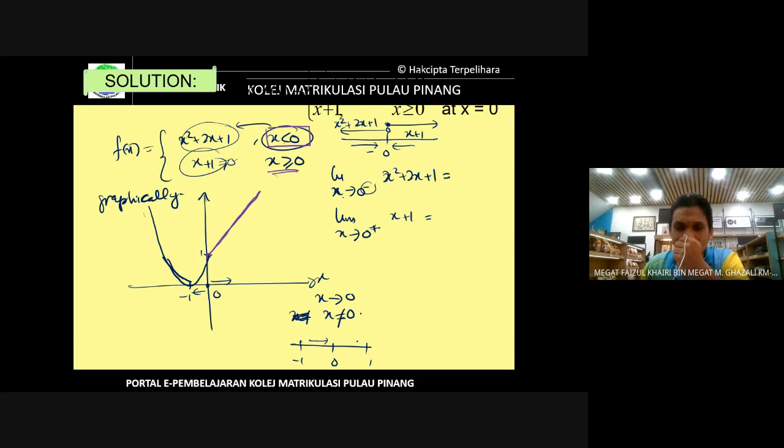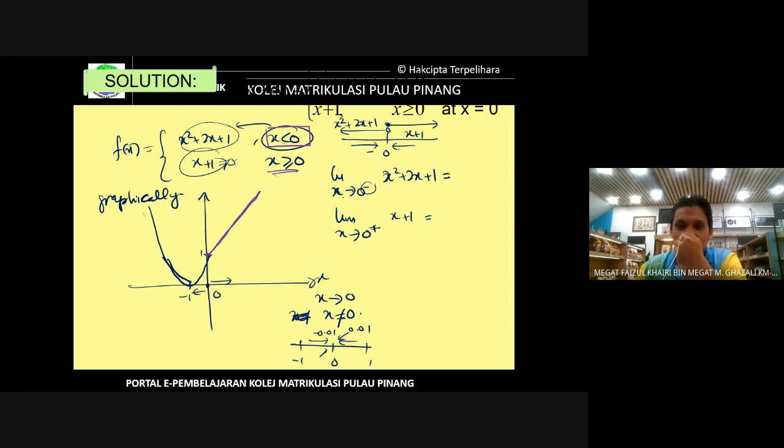Let's say we just imagine that this is negative 0.01 and here is 0.01, something like that. Because in this calculation, we are just assuming, kita cuma andaikan sahaja.